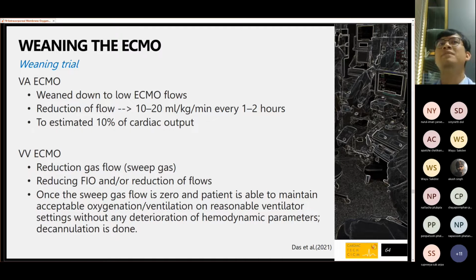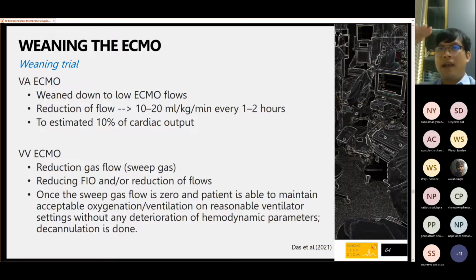So reduce flow by only a small number every hour and observe. The weaning process may take a day or 2 or 3 days. It depends on the patient's condition.